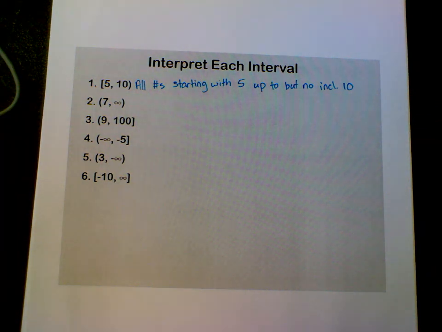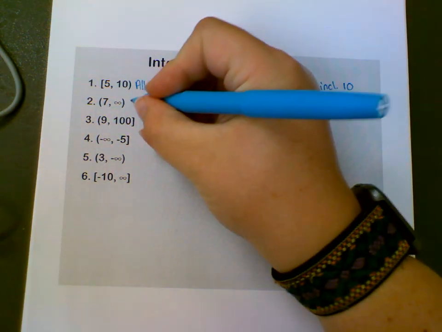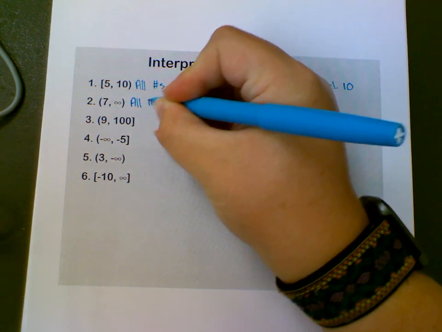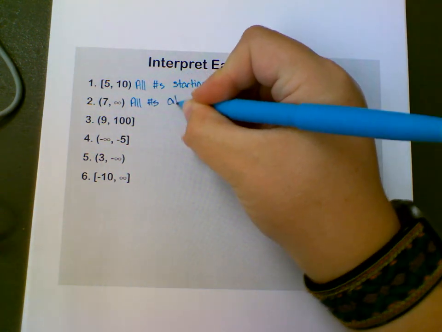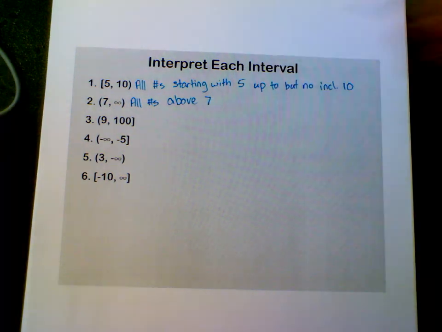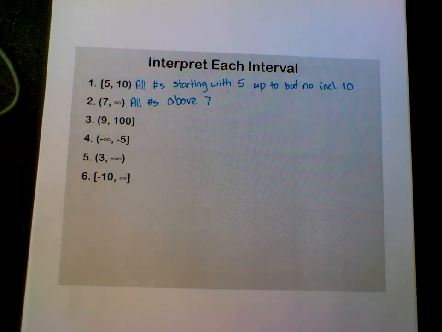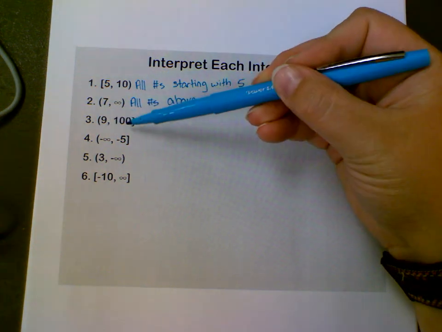For the second one, parentheses 7, comma infinity, parentheses. This means all numbers above 7. So 7.000001 is counted, but 7 itself is not. The third one is parentheses 9, comma 100 bracket. So we start at 9, we end at 100.